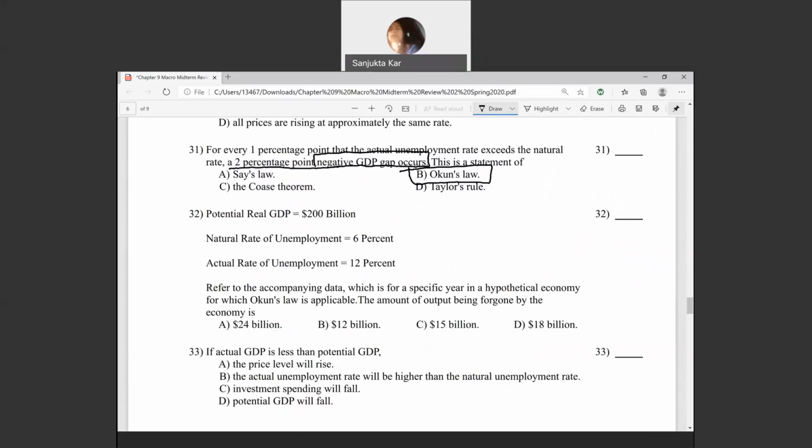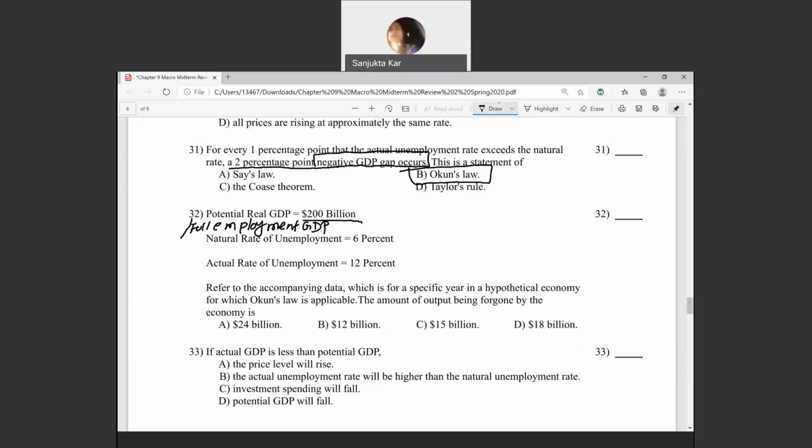Now, question number 32 here, it says the potential GDP is 200. The potential GDP, another name for this, is also called the full employment gross domestic product, because we are using all our resources. Now, the next thing I have here is the natural rate of unemployment is 6%.